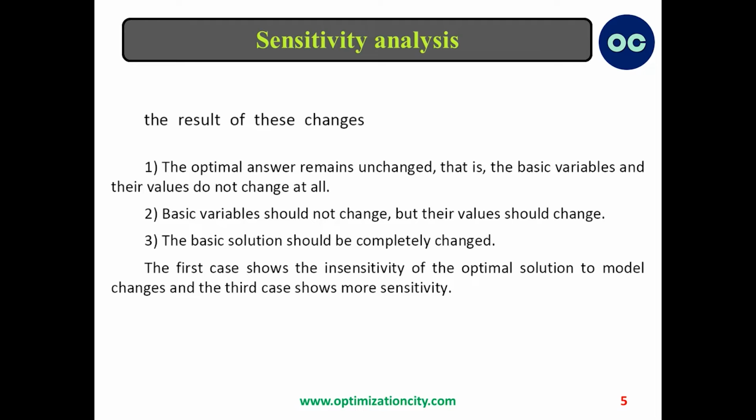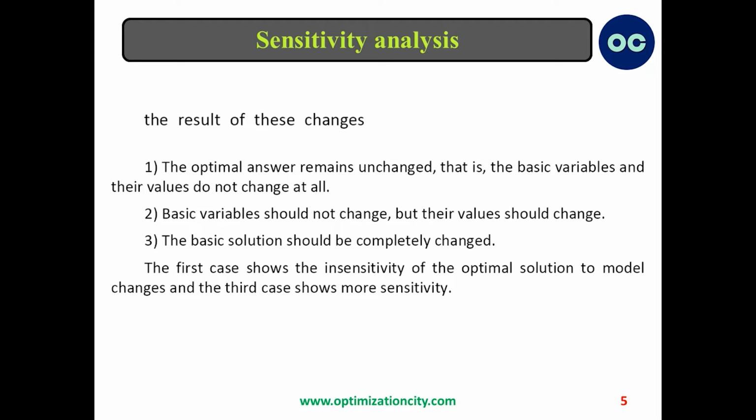Firstly, the optimal answer remains unchanged, meaning that both the basic variables and their values remain completely unaffected. Secondly, the basic variables remain the same, but their values need to be adjusted accordingly. And finally, the entire basic solution needs to be completely changed to achieve the optimal solution.